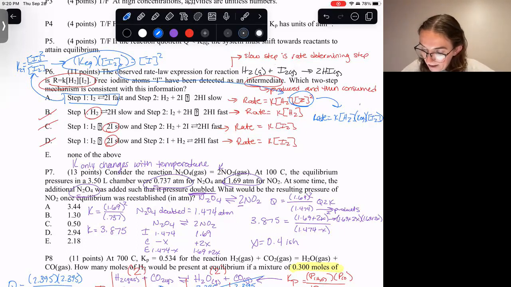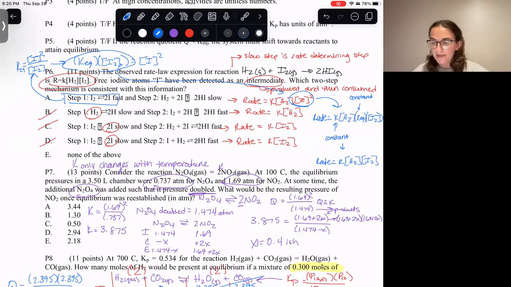Big KEQ here is a constant, and little k is a constant. So little k times a big K just makes a new K, a number times a number. So these can combine to say that rate is equal to K H2 I2. Does that match the initial one in our question? Yes, it does. So A is good to go.